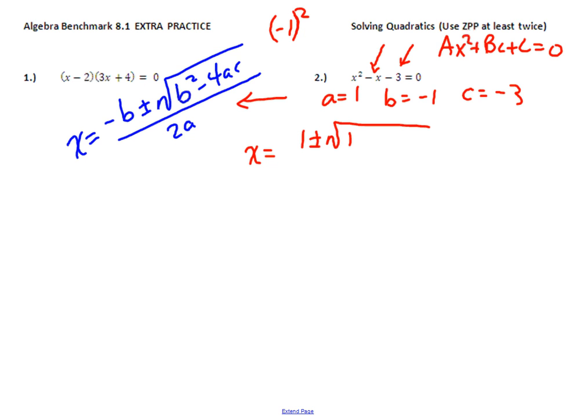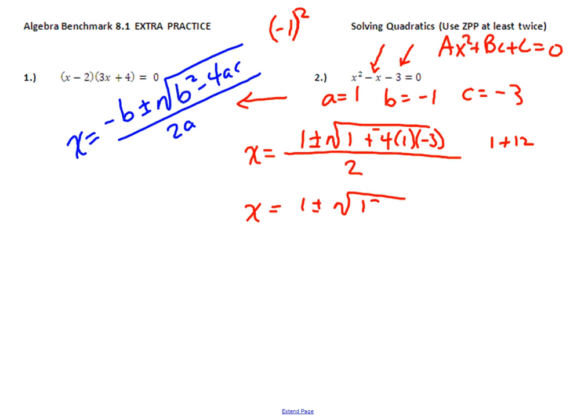So negative 1 squared is 1, minus 4 times a, which is 1, I guess I'll write that down, times c, all over 2 times a, so 2 times 1. To be safe, go plus negative here. So negative 4 times negative 3 is positive 12, so I have 1 plus the 12 here, so this is a 13 under the square root, all over 2.